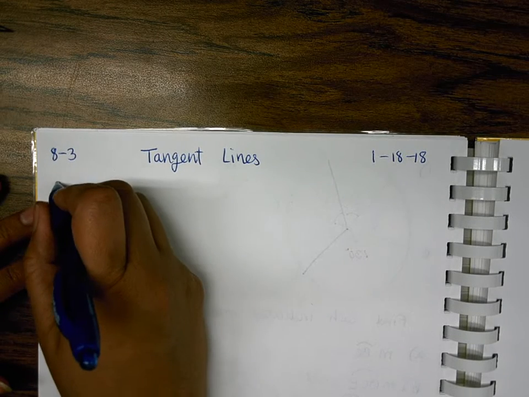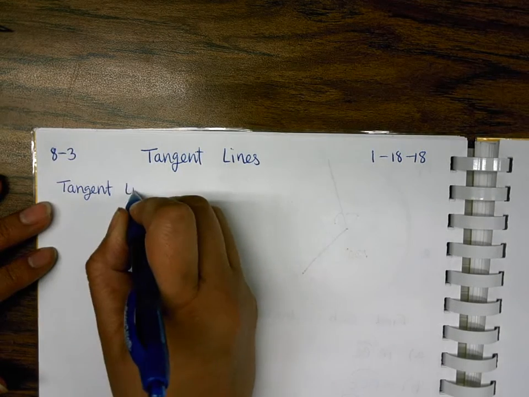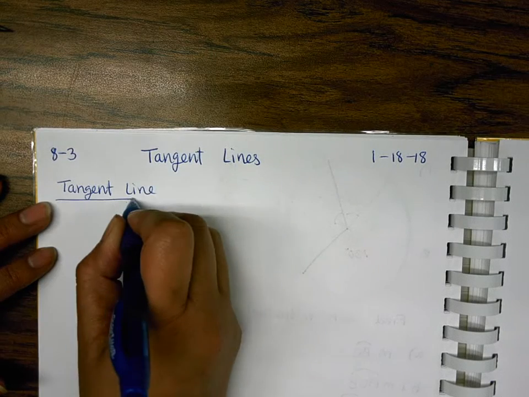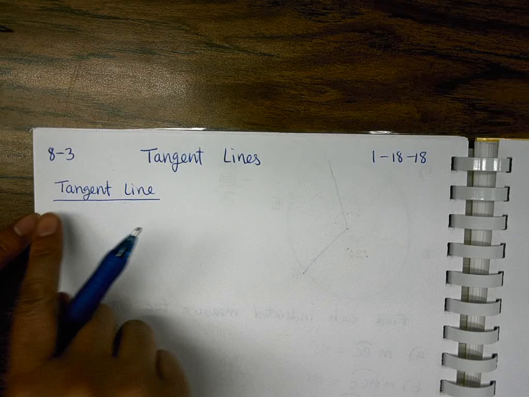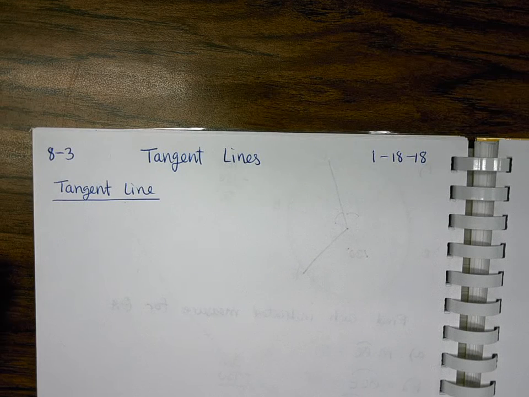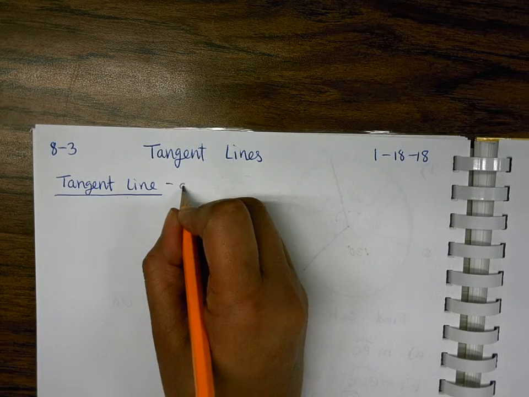All right, what is a tangent line? Not the tangent function. Yes, we've done SOHCAHTOA where tangent was opposite over adjacent. This is not the tangent function, it is a tangent line. A tangent line is obviously a line.